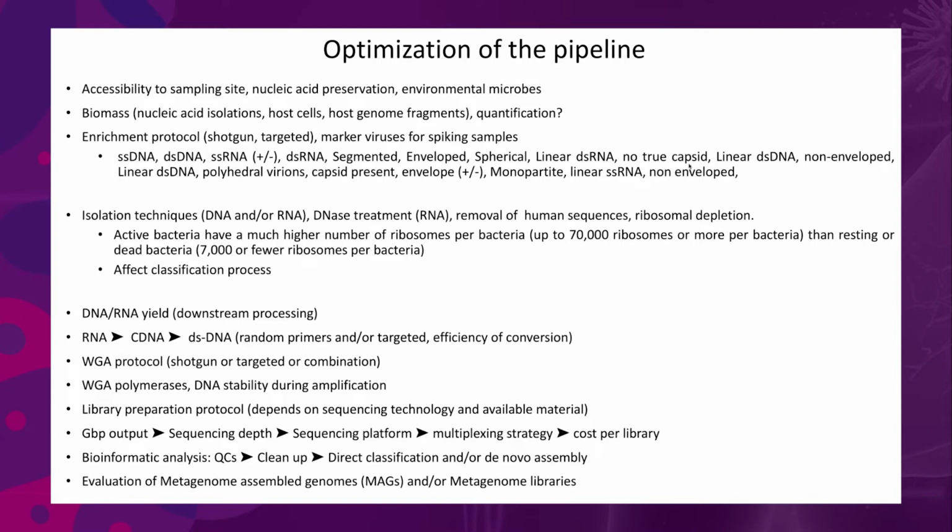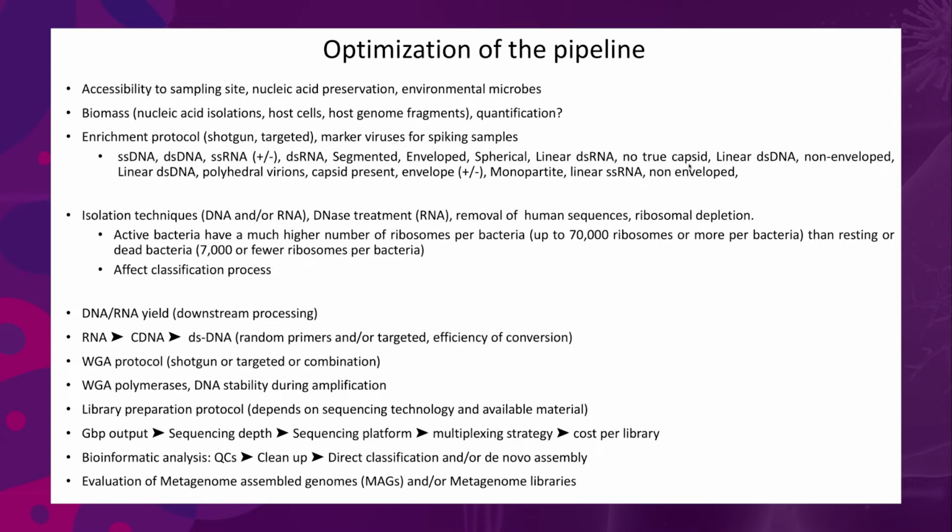We need to start the experiment, wait for the sequencing data, analyze the data, and then give feedback on the experimental pipeline in order to optimize it. So this makes it an extremely time-consuming and costly process.